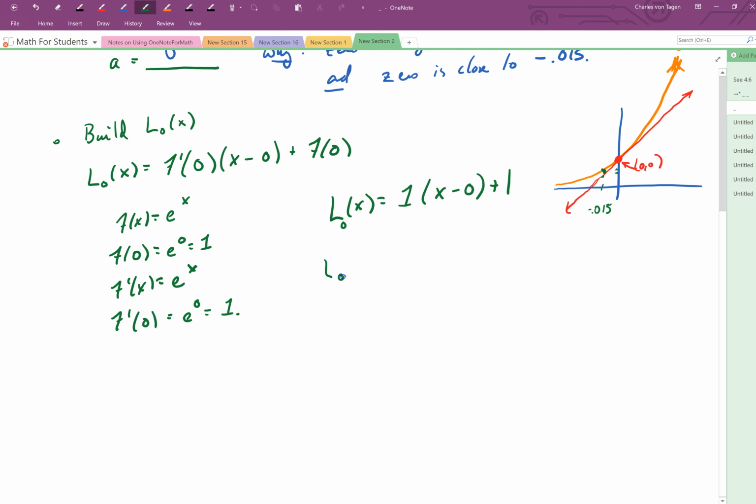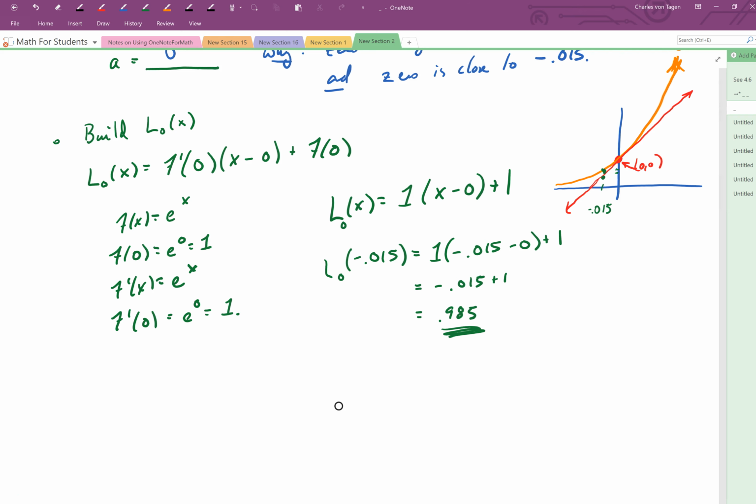Okay, so we get that L0 of negative 0.015 is equal to 1 times negative 0.015 minus 0 plus 1, which is negative 0.015 plus 1, which is 0.985. So the y value on the red line has a y value of 0.985.